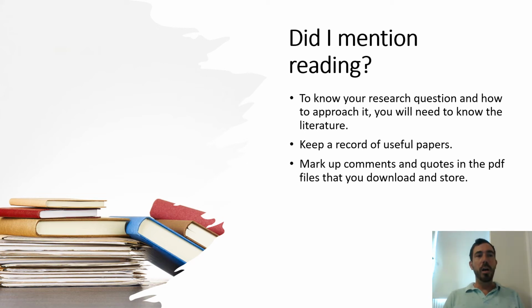There's nothing worse than remembering a useful reference because it's going to help you with your introduction, but you can't actually remember the title or the authors. So save yourself time, sort your literature, perhaps use referencing software such as Mendeley or EndNote, which you can put into files of your PDFs and therefore you can find them easily.